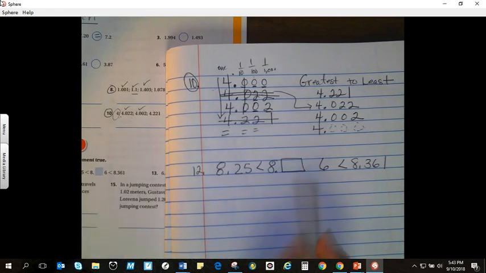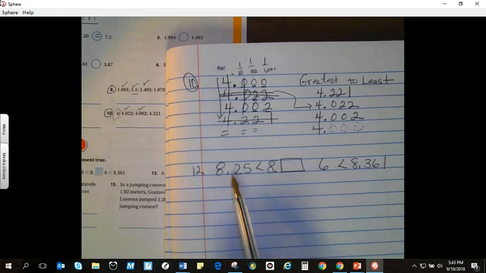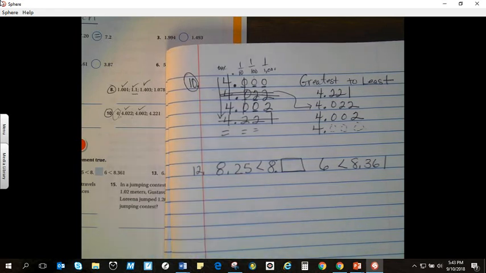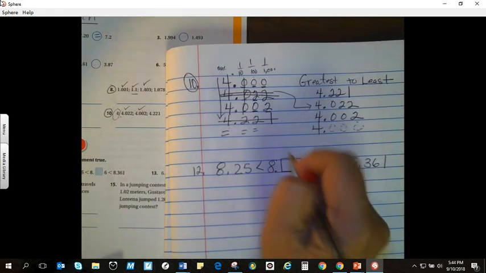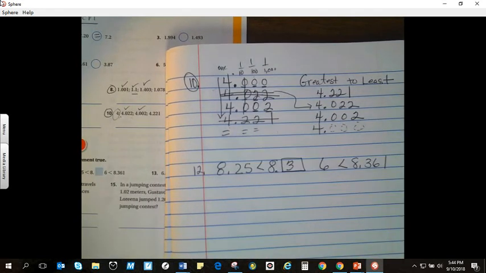Which number is going to be greater than 8 and 25/100ths? Okay, I hear all sorts of shout-outs. Yes. So you can have 3, which is greater than 8 and 25/100ths.